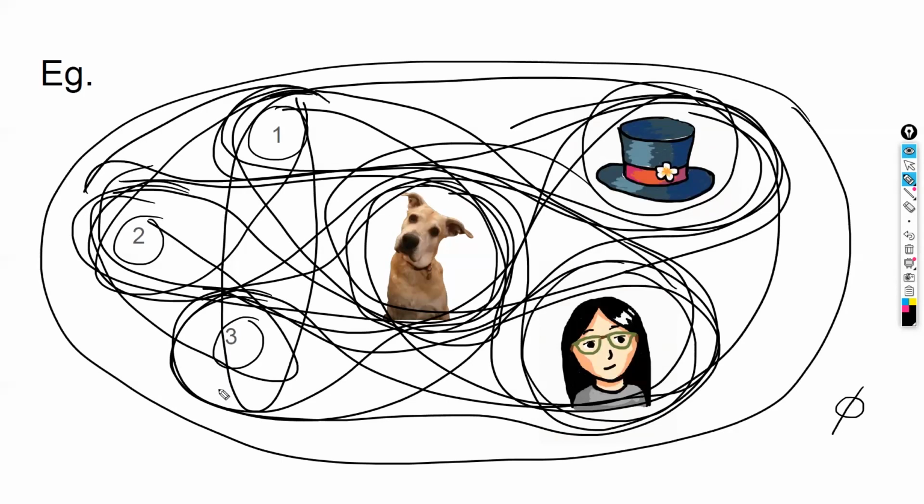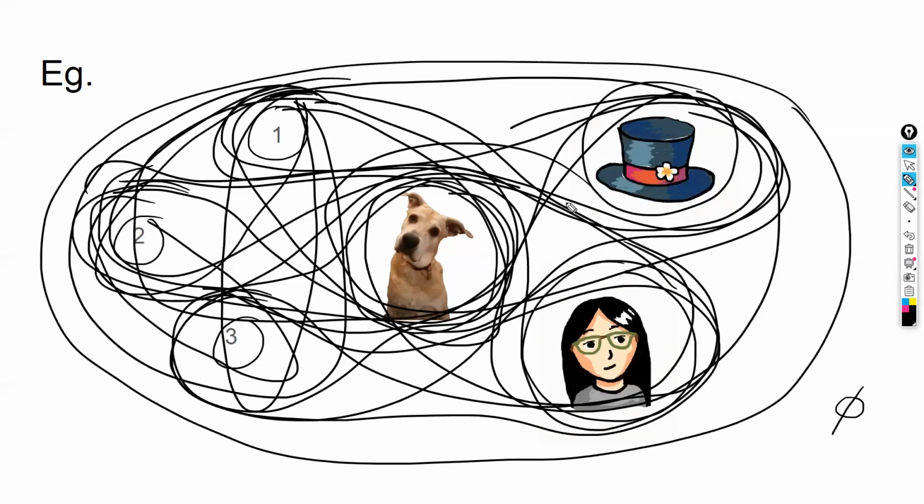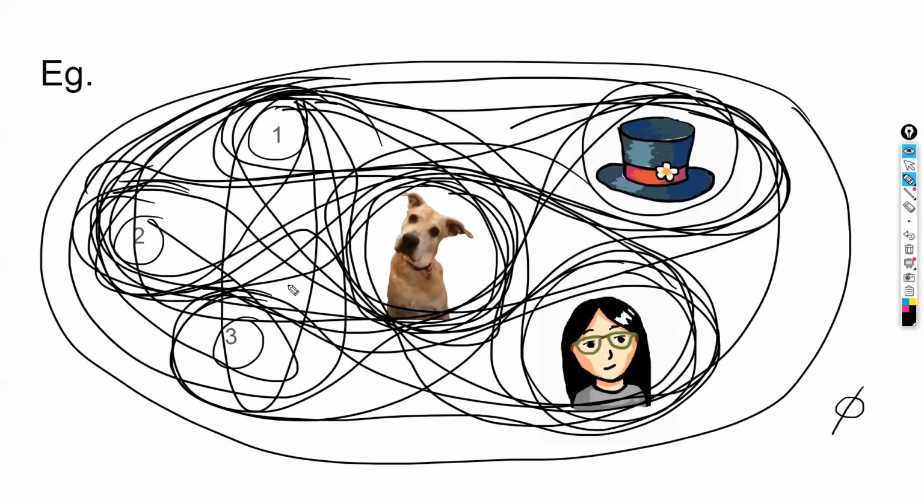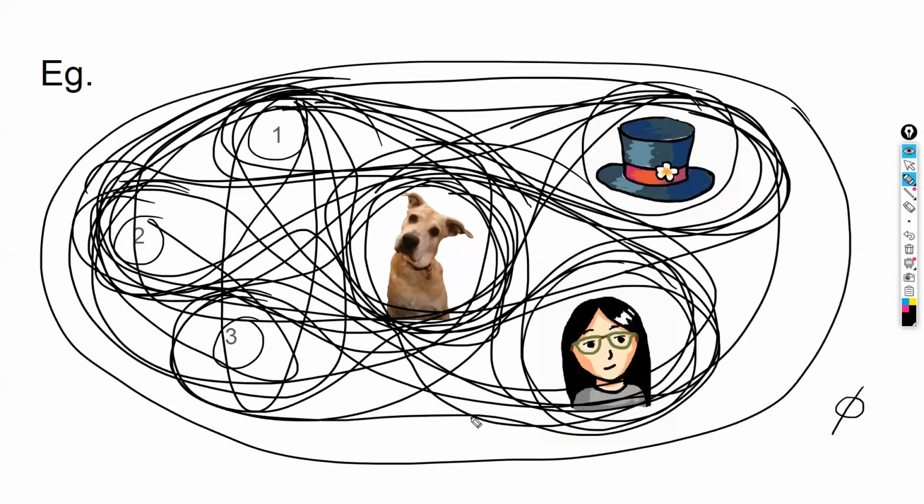So I guess I could start with 1, 2, 3, and then I could take 1, 2, dog, and then 1, 2, hat, and then 1, 2 and Angela. Maybe I'll just include this one for now because 1, 2, dog, hat, Angela is definitely going to be a union. And then I have to take 1, 2, 3, dog and dog, hat, Angela, and I think I've gotten myself a little bit lost, but I think you get the idea of what's going on here.